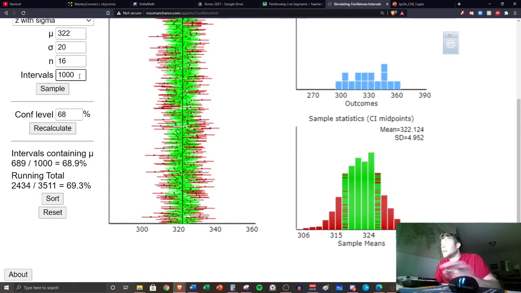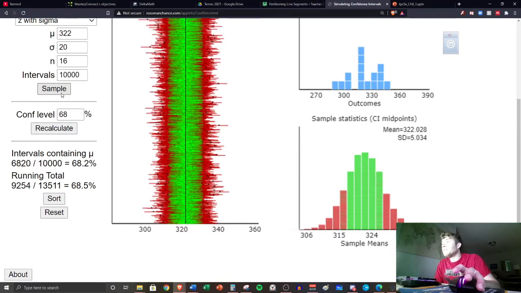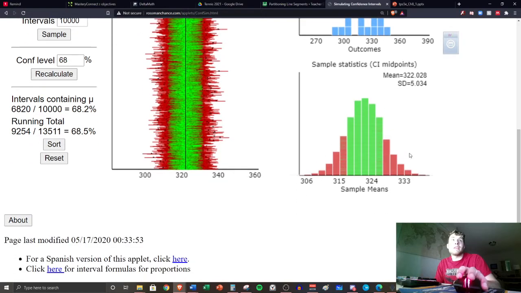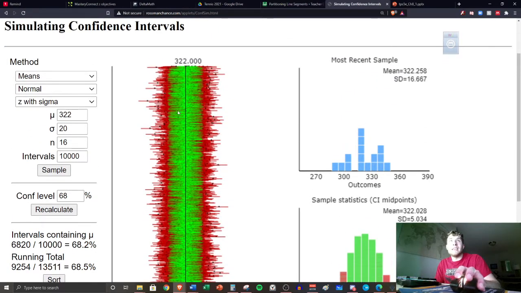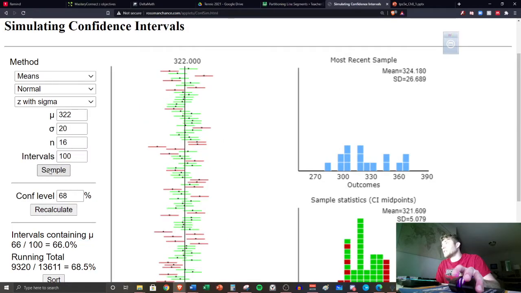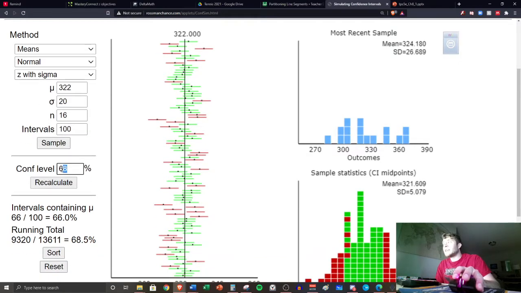Let's do 10,000. Our distribution, it practically is perfectly normal, right? This is quite intense to look at here, but you'll see it's almost perfectly 68% of these intervals, okay? Let's dial that back a little bit. Go back to 100. Okay, so what is going to happen if I increase this to 95%?